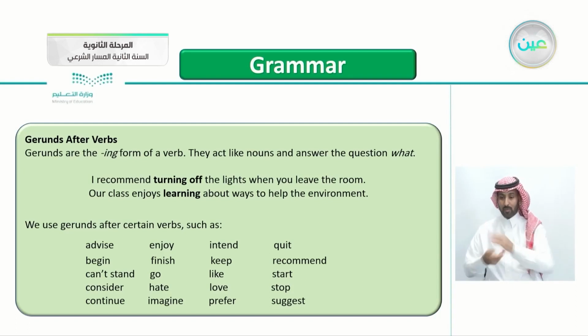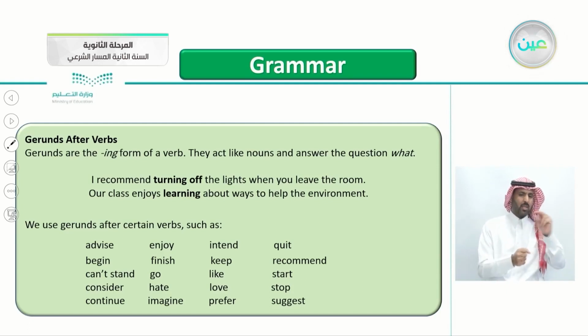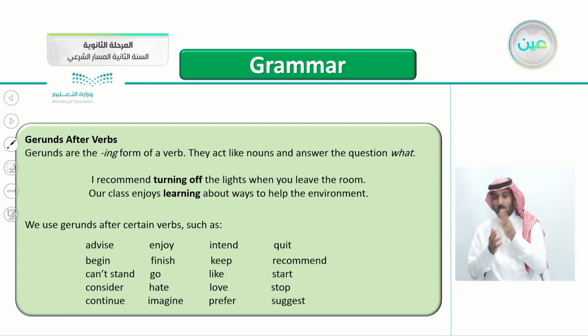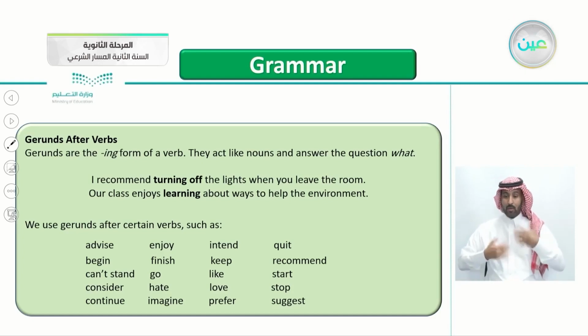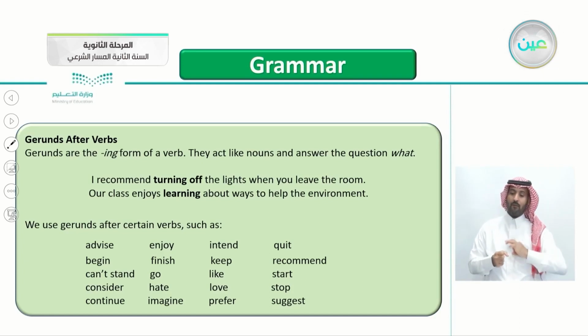So our class enjoys, this is the verb here, enjoys, and learning is the gerund with the ing. So we can use gerunds after certain verbs such as, and all of these are just examples and not the whole list: advise, begin, can't stand, consider, continue, enjoy, finish, go, hate, imagine, intend, keep, like, love, prefer, quit, recommend, start, stop, and suggest.